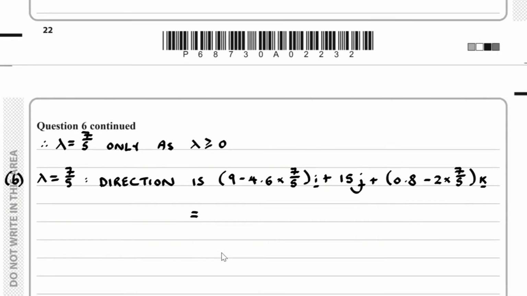And what this is equal to is 2.56i plus 15j minus 2k.